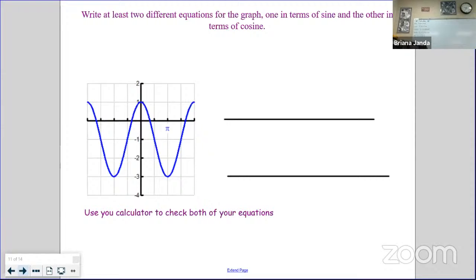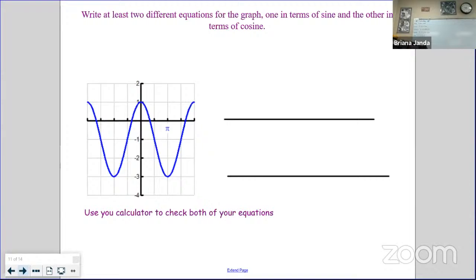And B is 2 pi divided by the period. B means about, right? So I say, okay, how long does it take to get back to a maximum?